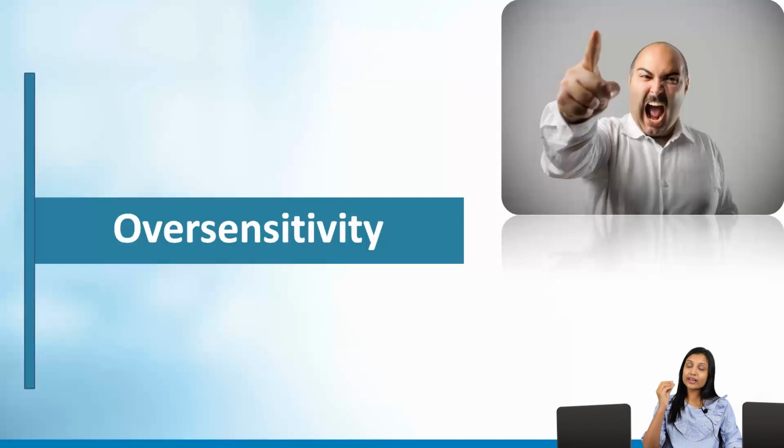So anything negative that is said to him, anything bad that is said to him, even constructive criticism that is given to him is taken in a very, very bad way by Hepar Sulph. Let us see in what forms this oversensitivity is manifested in Hepar Sulph.